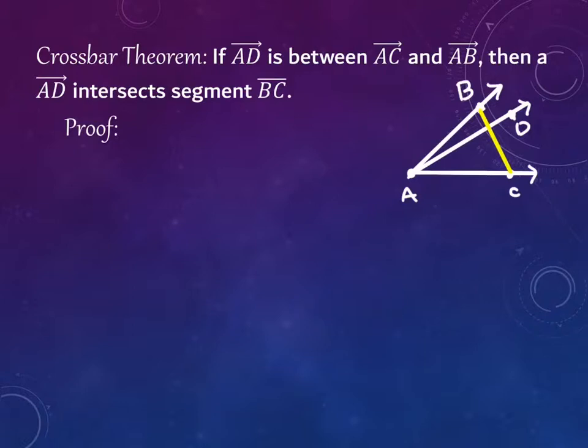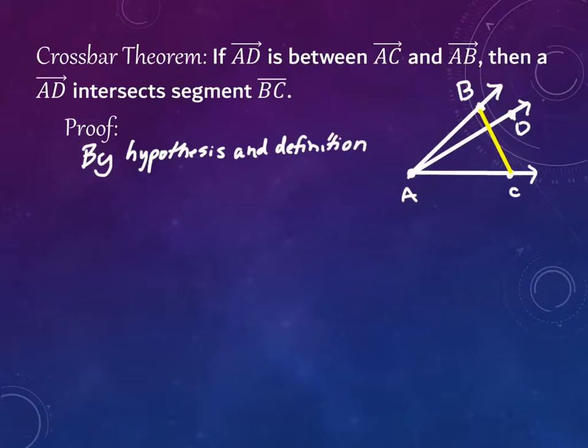To start, we're going to write down some of the information we were given. By hypothesis and the definition of betweenness, what can we say about the point D? Where is it?